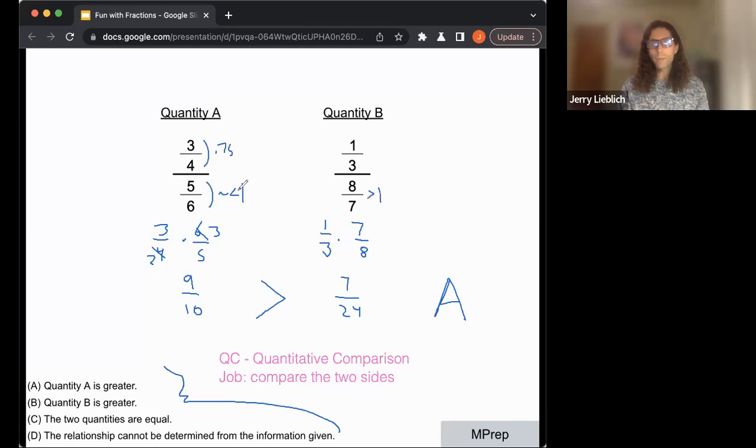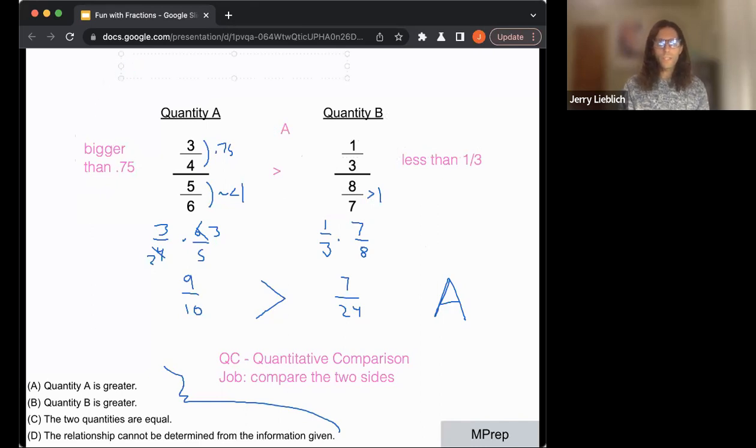So if I'm thinking about this, dividing by less than 1, this is going to be bigger than 0.75. Here I've got a smaller numerator, larger denominator. This is greater than 1. So this is going to be less than 1/3. And since my only job is to compare, I don't really care what these numbers are. I might know my answer is A.